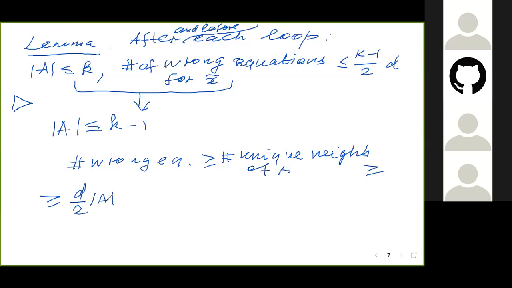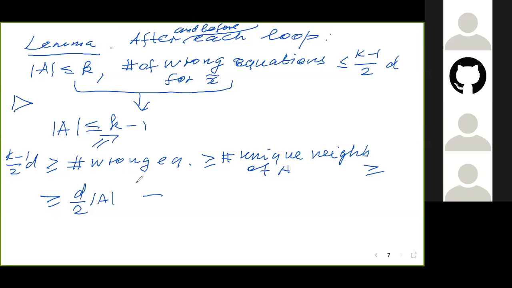And on the other hand, we know that the number of wrong equations is at most (k minus 1) over 2 times d by our second assumption. And so you see that this implies that actually A has at most k minus 1 nodes.